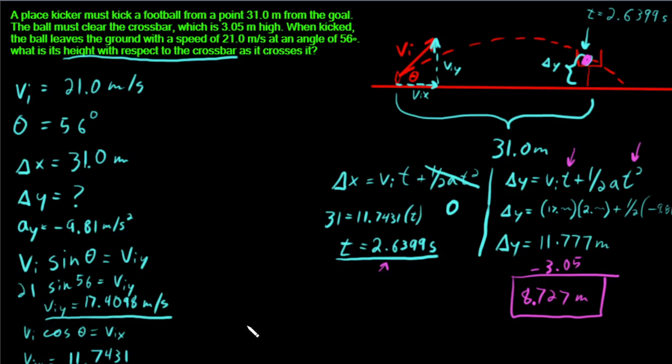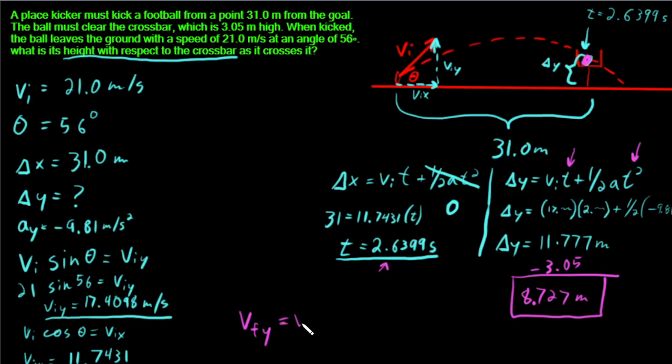A follow-up question that is sometimes asked is, is the ball currently ascending or descending? And you would just solve for VF at that point. And if it's positive, then the ball is on its way up. If it's negative, then it's on its way down.